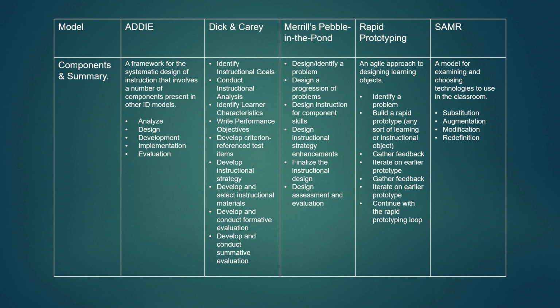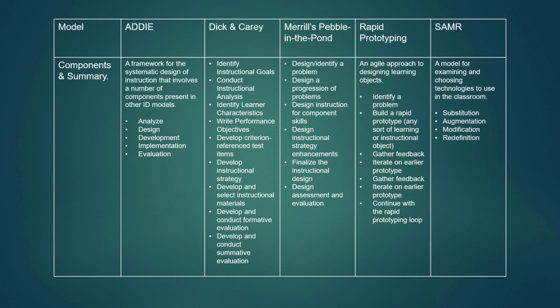And now for a few different models. Rapid prototyping is less a sequence of clearly defined steps and more a design philosophy that is built for speed and agility. Instructional content is designed, developed, and evaluated in a continual feedback loop. Something like rapid prototyping might involve components such as the ones in ADDIE.